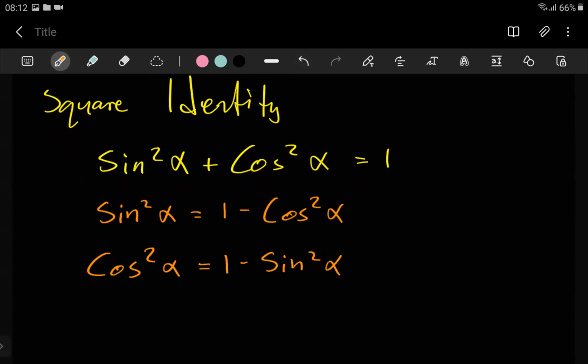These are two variations of the same thing. There's sine squared alpha here, cos squared alpha there, all coming from this main one.